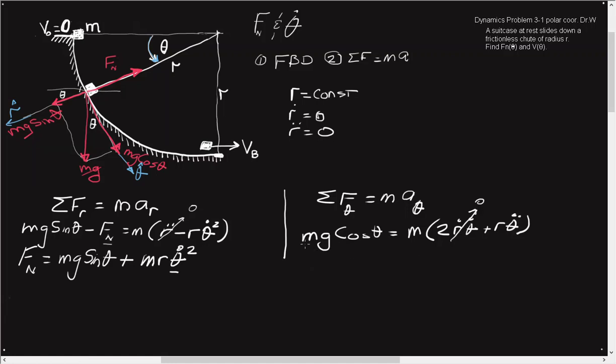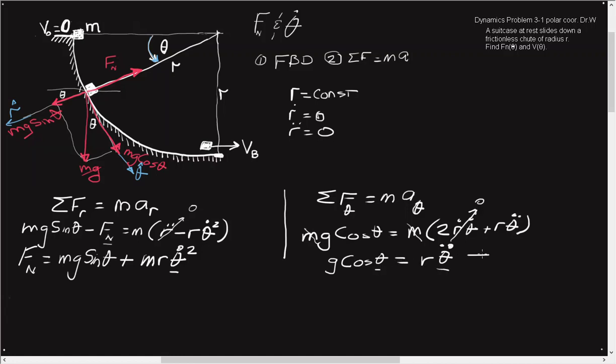If we come over to here, the m's clean out, and we get g cos of theta is r theta double dot, of which that's a variable, as is that.